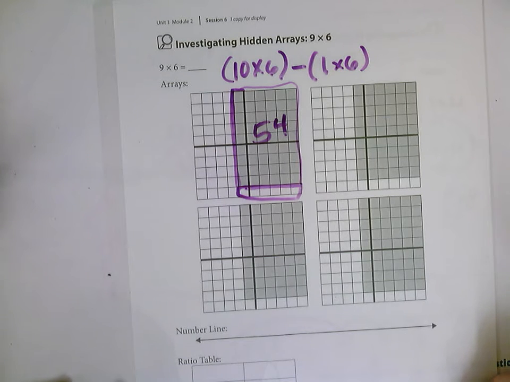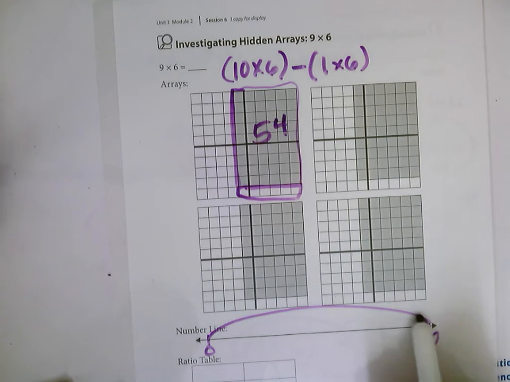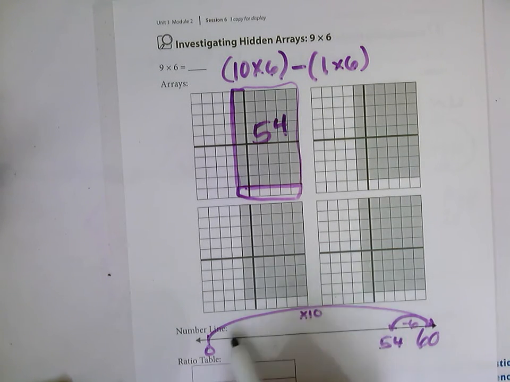Multiply by 10, and then take 1 set away. All right, so how you could show that on the number line is I could do 10 times 6, which is 60, and then I can jump back 1 group and get 54. That would be times 10, 60, and then back minus 6.